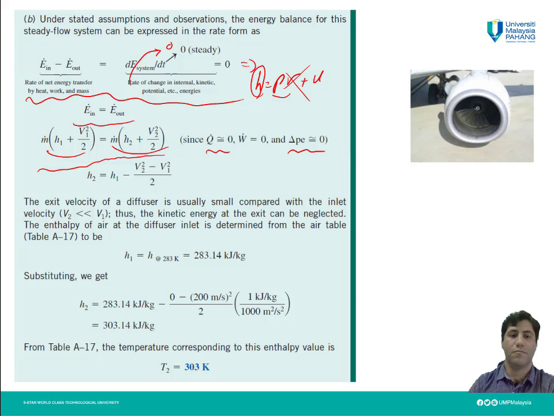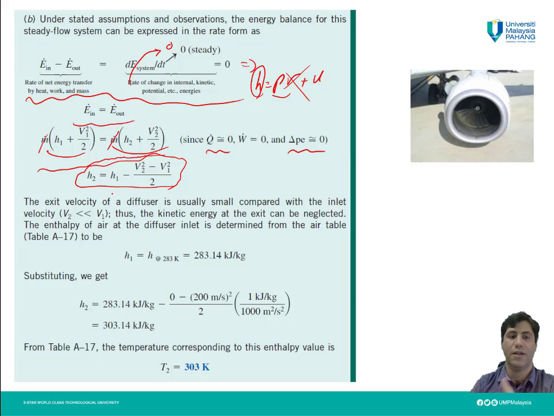By simplification, canceling m dot from both sides of this equation, and bringing this part to the left side and writing it for H2, the enthalpy at the exit of the diffuser, we will have this equation: H2 equals H1 minus (V2 squared minus V1 squared) divided by 2, where V2 is the velocity of the air at the exit of the diffuser.